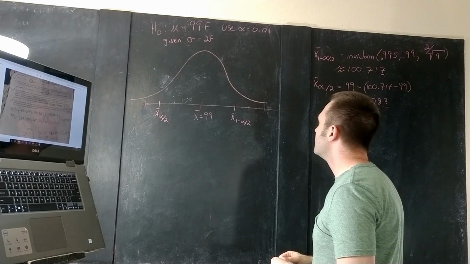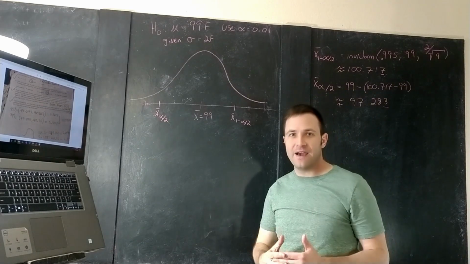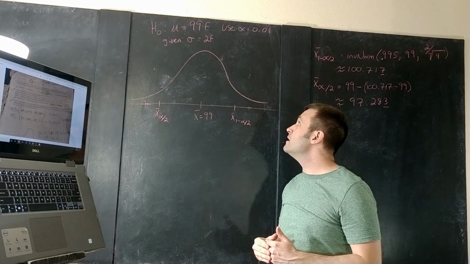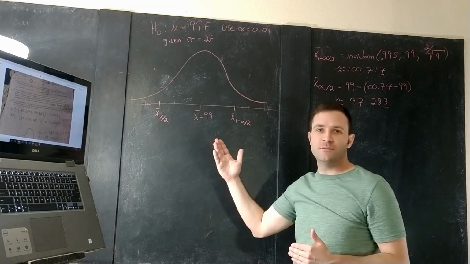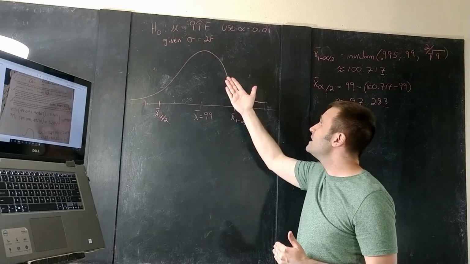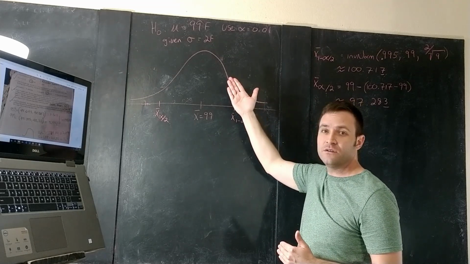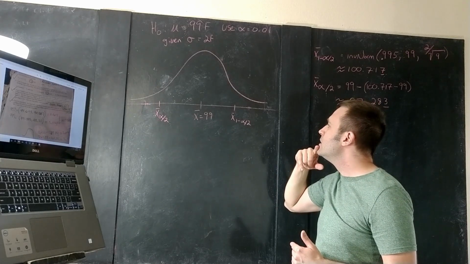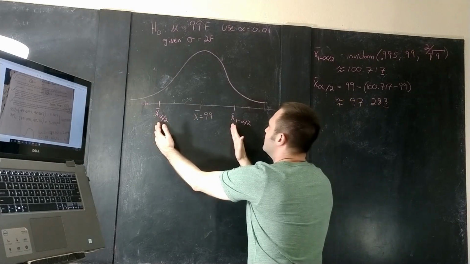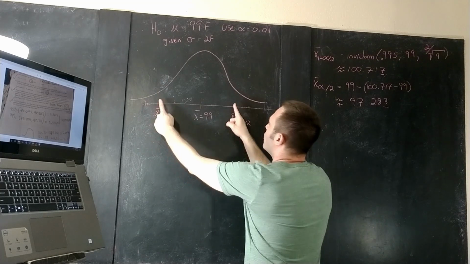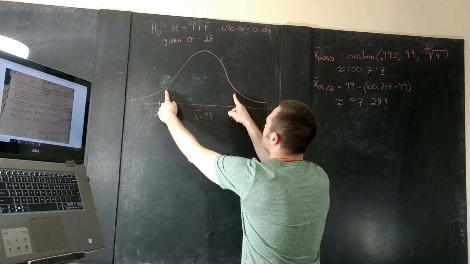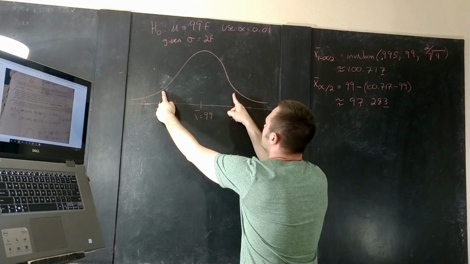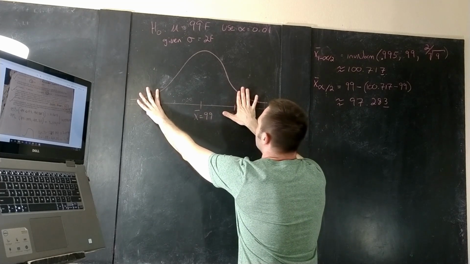Okay. So if in fact the true population mean is 99 degrees Fahrenheit, we're going to have this confidence interval that corresponds to this probability density in between these values.